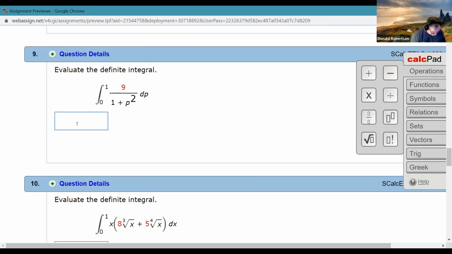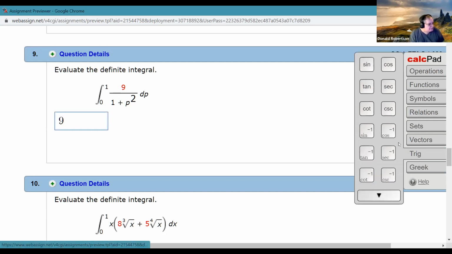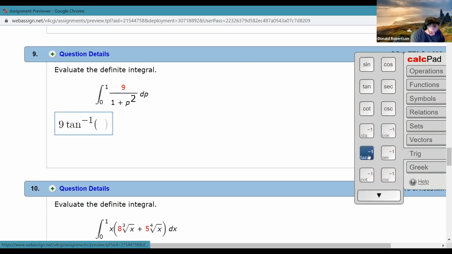So 9 inverse tan of the variable, in this case the variable is p. Now, if the question didn't have limits of integration, so if it was an indefinite integral, this would be my answer.